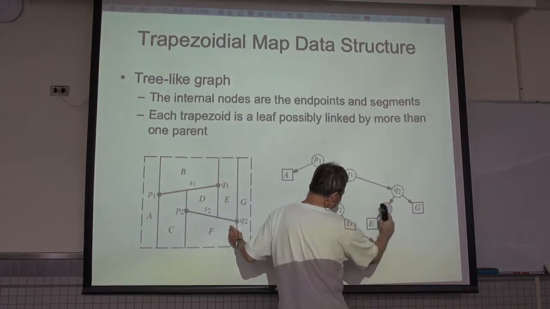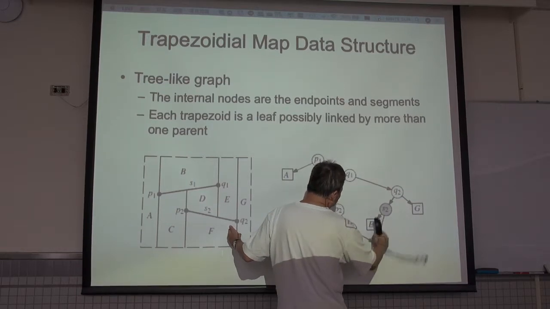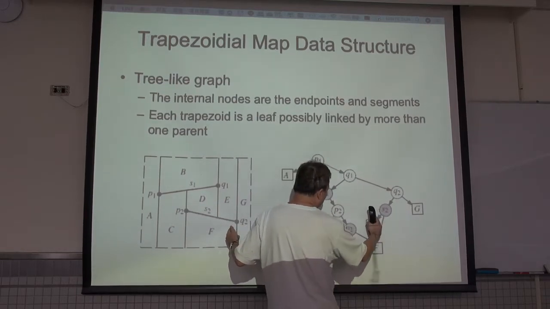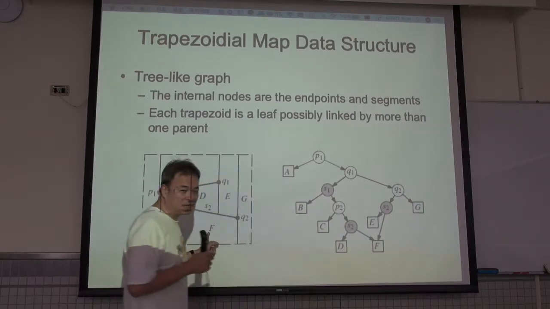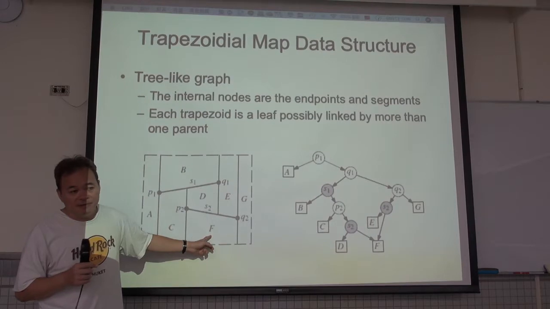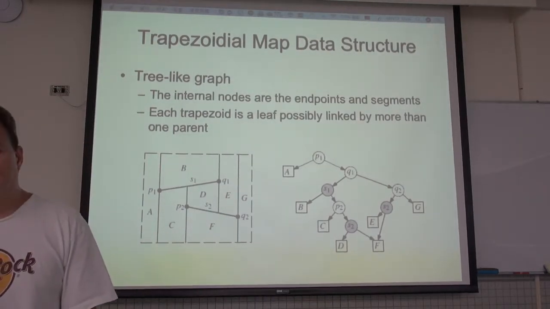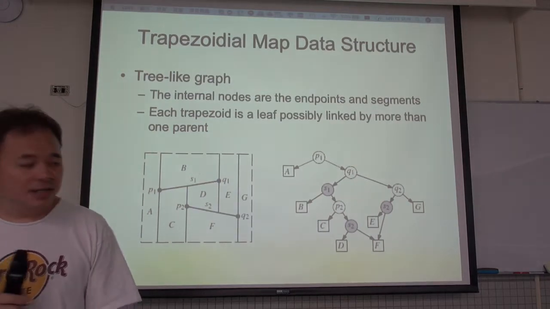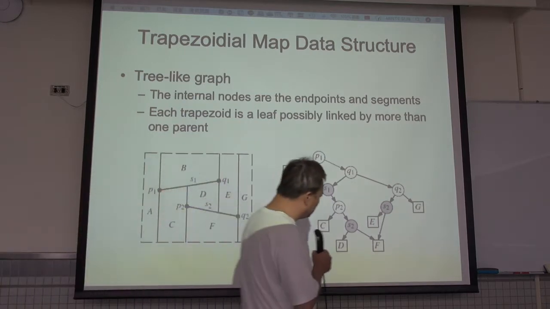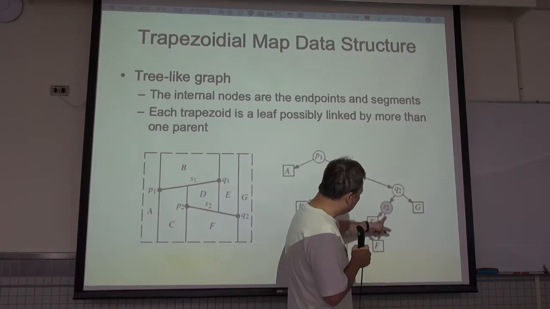Even though it may look like a left child, this one is really the left child and this one is the right child. So you are going to end up at F, but you can see the path will be different. That is the reason why F is pointed to by two internal nodes.